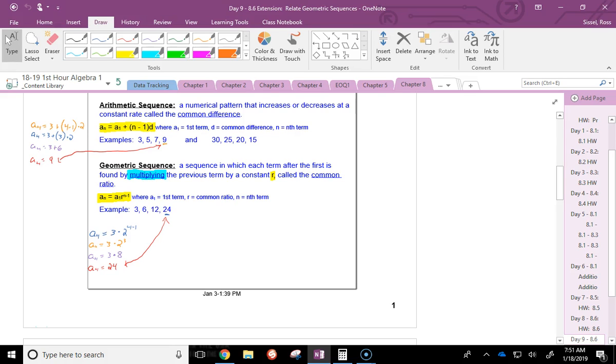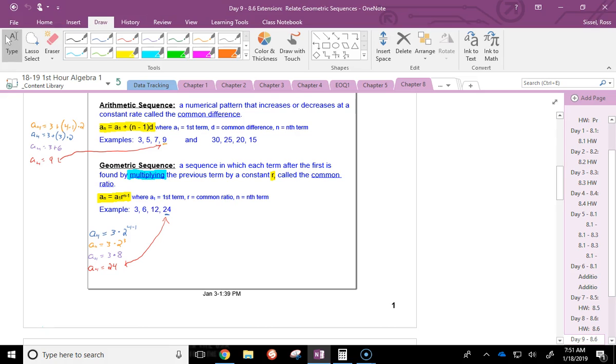It says, arithmetic sequence. A numerical pattern that increases or decreases at a constant rate is called the common difference. The equation. Another equation for us to kind of learn. And at first, it looks like a lot, but it's not too bad.